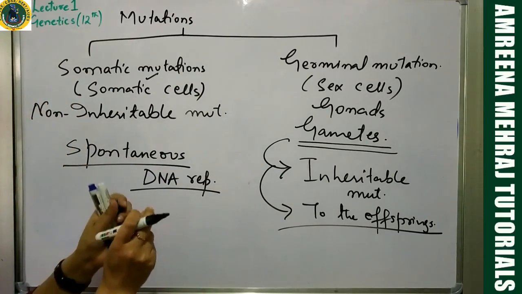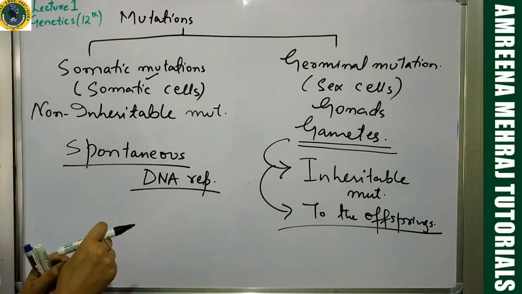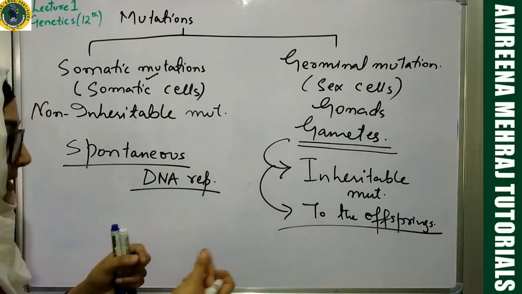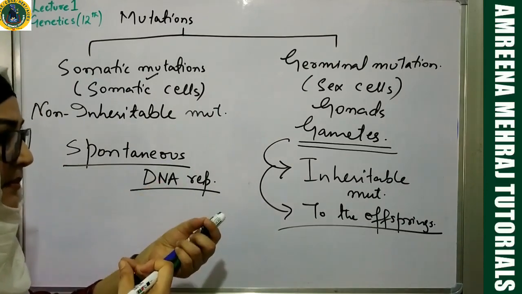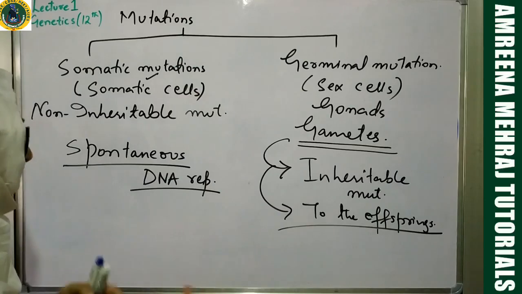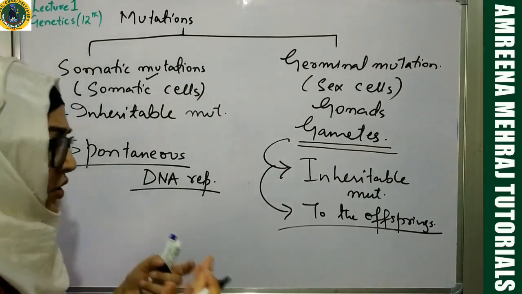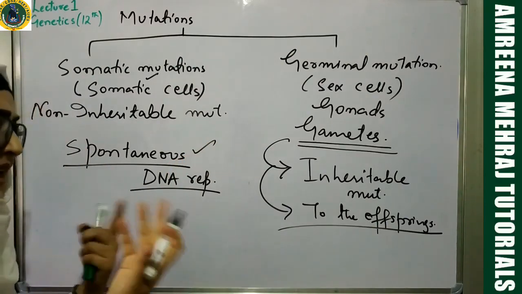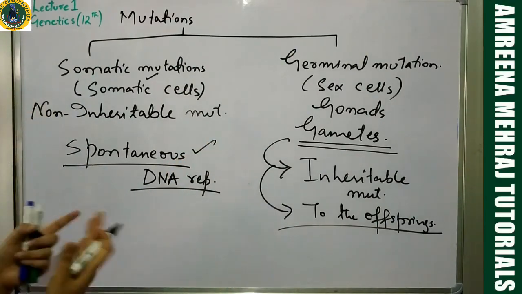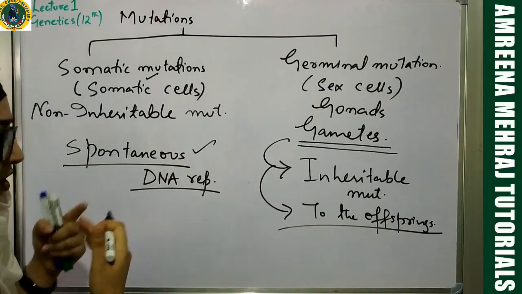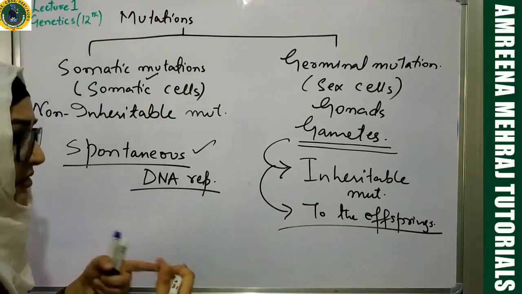So there will be certain wrong bases which will be incorporated into the newly synthesized DNA. So newly synthesized DNA strands may have some errors which we'll call copy errors. Such mutations do happen, and they are generally not so lethal, and you can call those mutations spontaneous. They are happening as such, and they are basically the mutations which are responsible for variations.